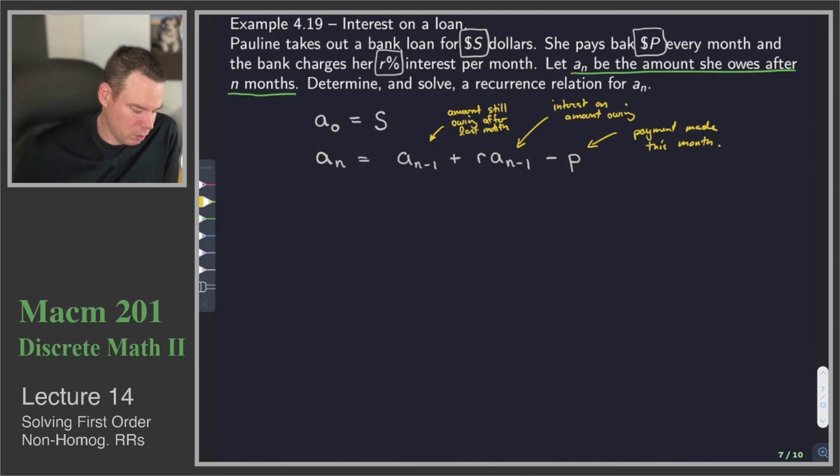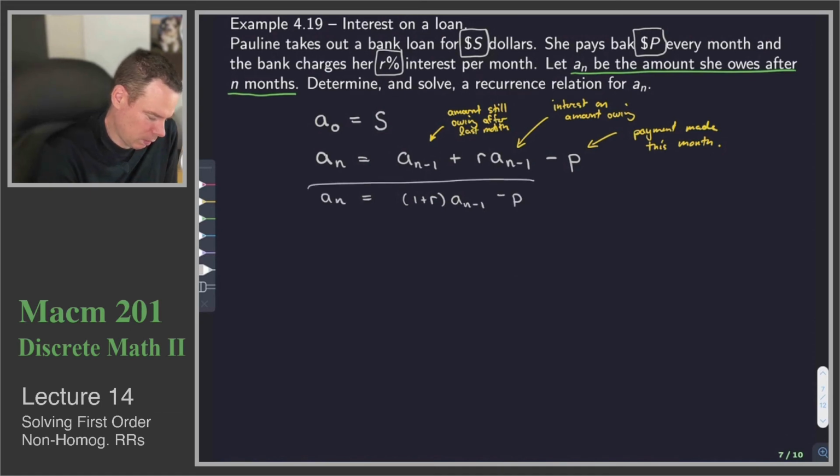She owed whatever she still owed from last month, plus the interest, minus whatever she paid off this month. And so there is our recurrence relation. We can rewrite it as A sub n equals 1 plus r times A sub n minus 1, minus p. And so this is what we want to solve.